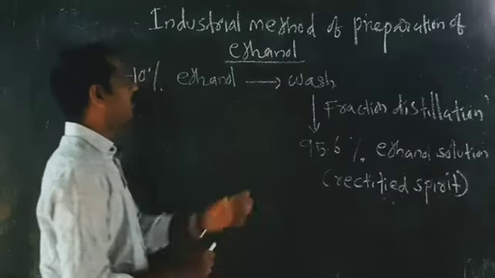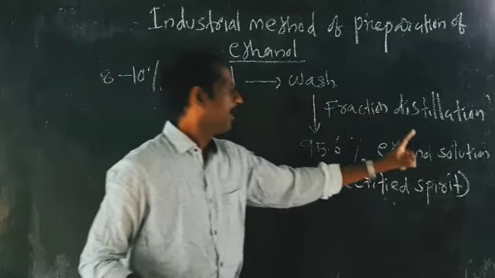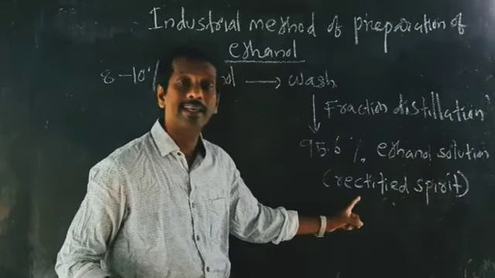That means wash on fractional distillation gives 95.6% ethanol solution, and then it is known as rectified spirit.